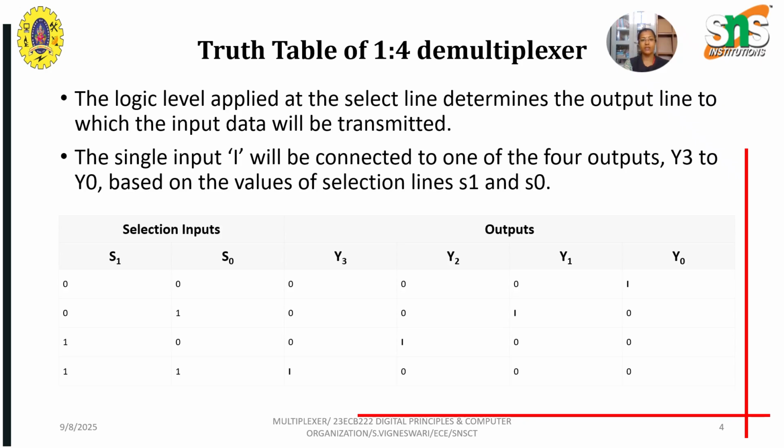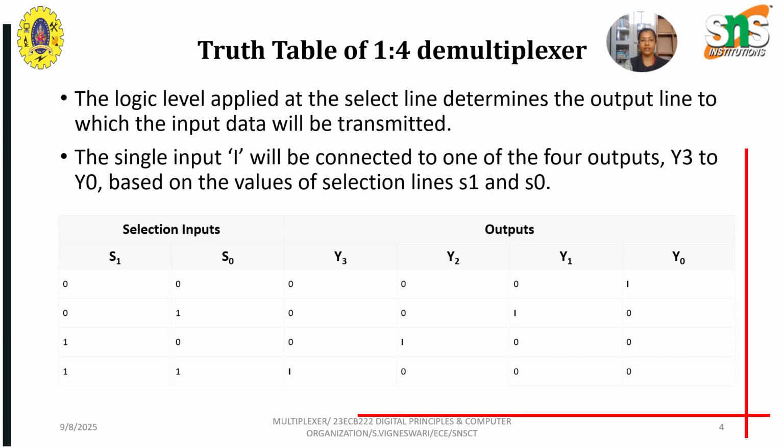As we see, based on the selection lines S0 and S1, only one of the outputs Y0, Y1, Y2, Y3 will be activated at a time for the respective selection, and the input will be guided to it. When the selection lines S0 and S1 are both 0, the output line Y0 is connected to the input.